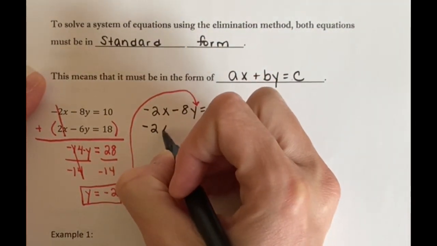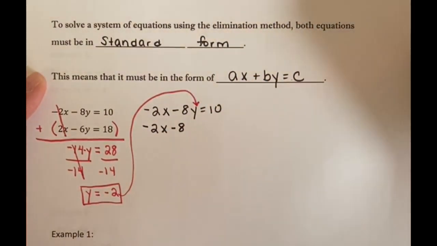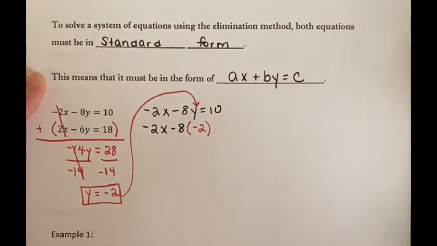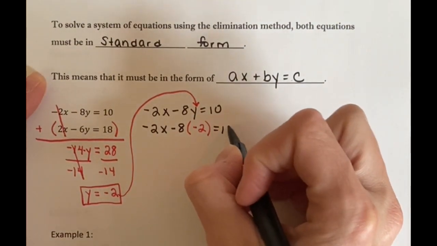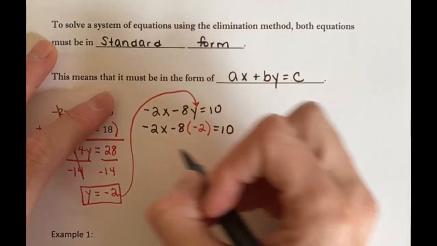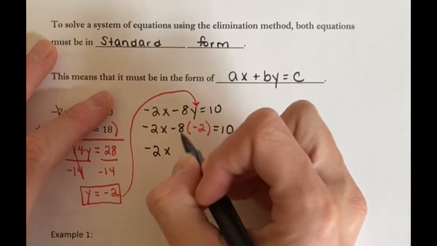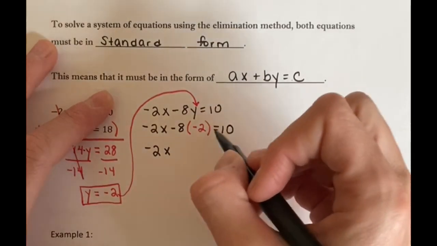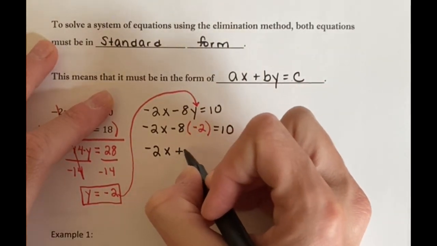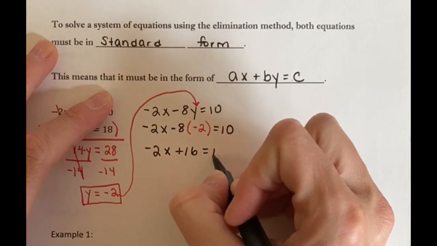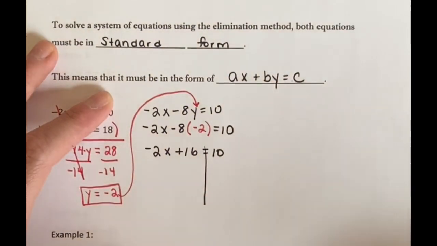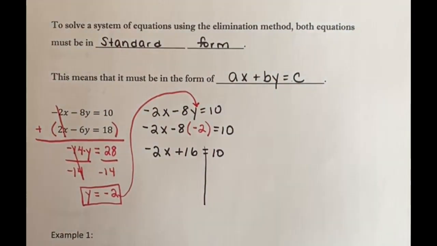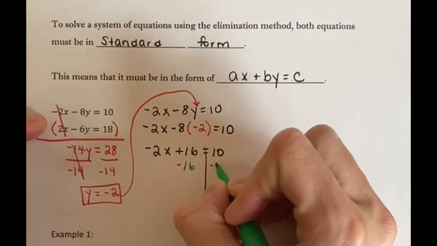So this gives me negative 2x minus 8. Instead of y, it's going to be times negative 2 equals 10. So then I end up with negative 2x. Now, minus 8 times negative 2 gives me a positive 16 equals 10. Then we just need to solve for x. So in order to do that, I'm going to subtract 16 on both sides.